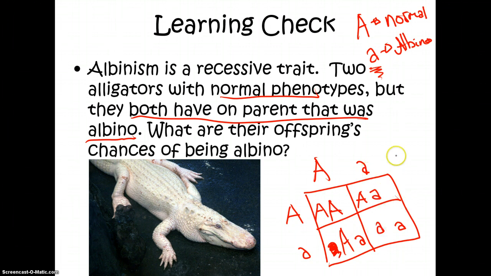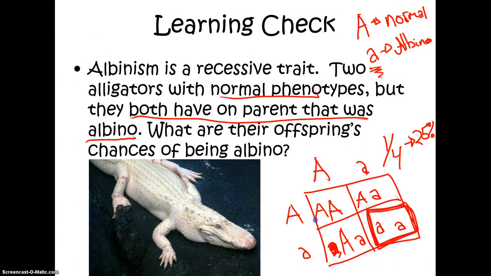So only one out of every four of their offspring, or a 25% chance, will be albino.